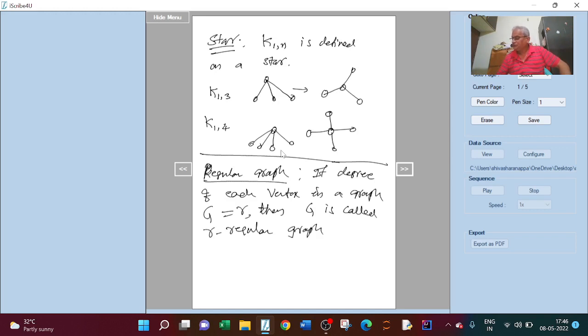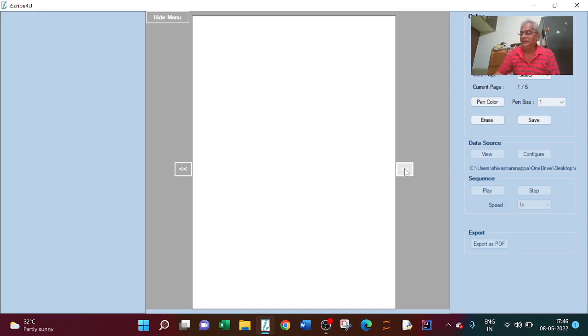Okay. So if the degree of each vertex is R, then we say that it is an R regular graph. Then what is a two regular graph?